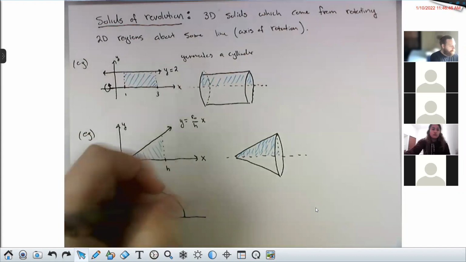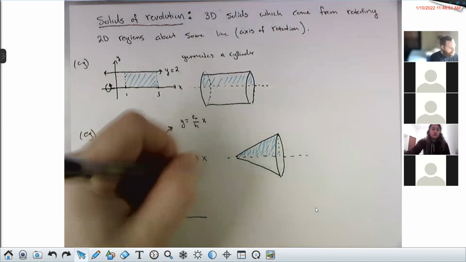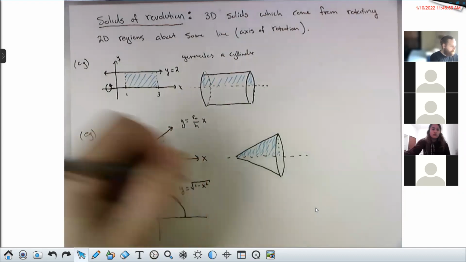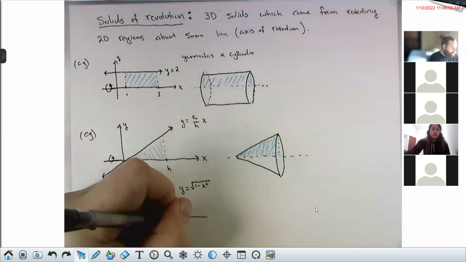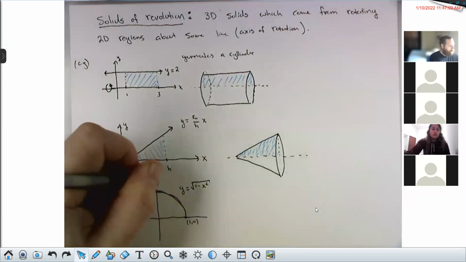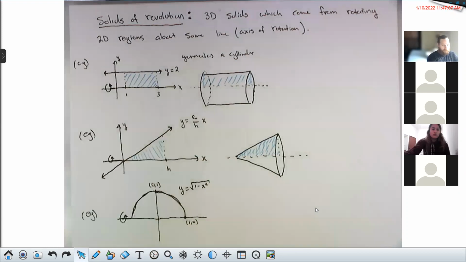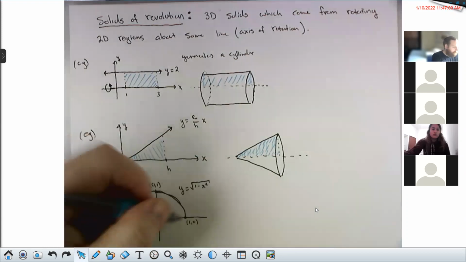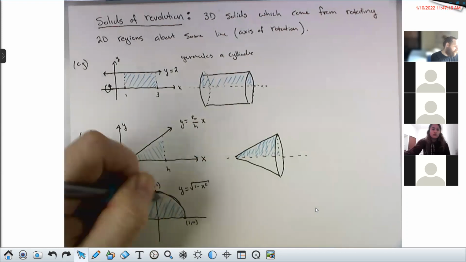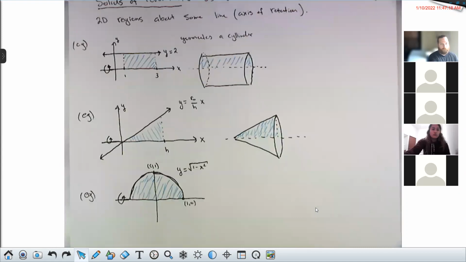All right, if I take the upper semicircle, which here y is, we'll say 1 minus x squared. So this point right here, this would be 1, 0. This point up here would be 0, 1. If I take this guy and I rotate it around the x-axis, what's the name for the solid that would be produced by that? Yeah, good.